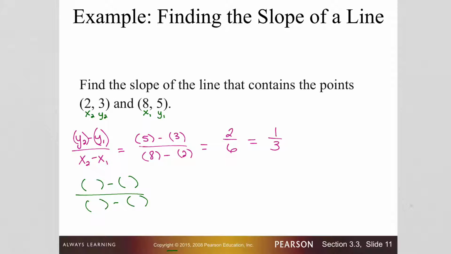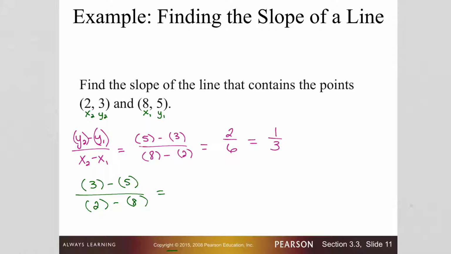Now, in the top left position is the y sub 2, which in this case is 3. In the top right, the y sub 1, which is 5. In the bottom left, we're going to put in the x sub 2, which is 2. And the bottom right, we're going to put in the x sub 1, which is 8.